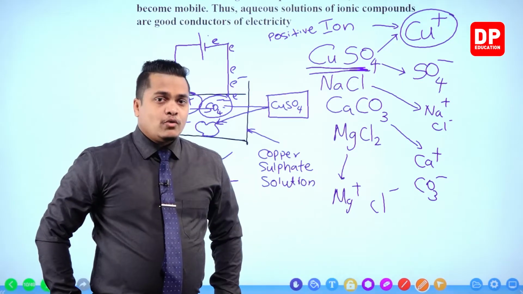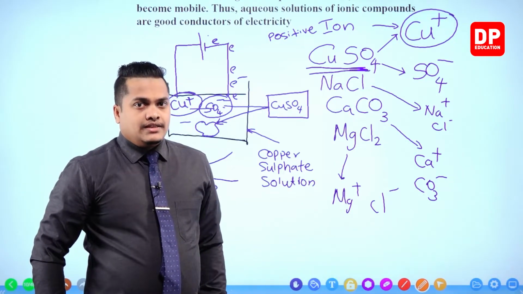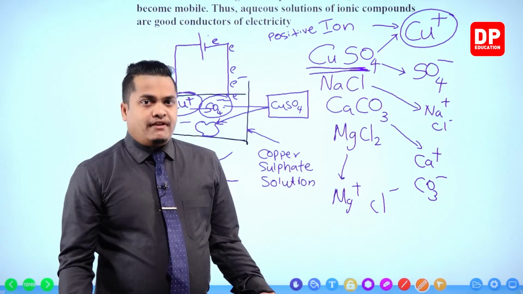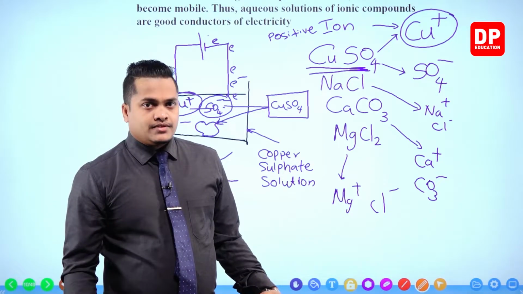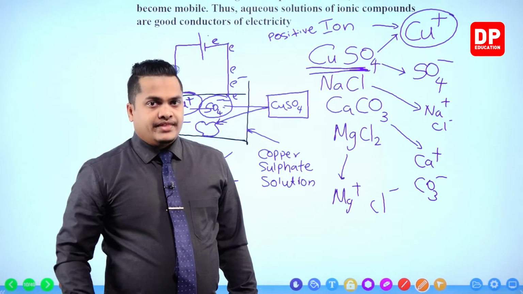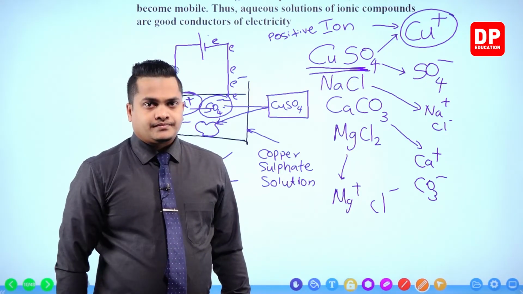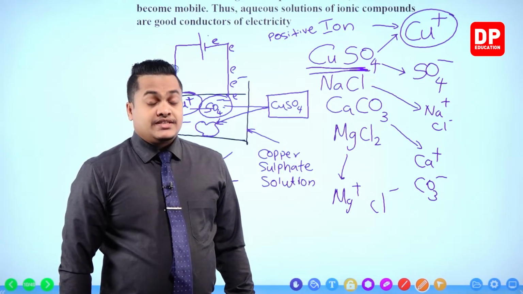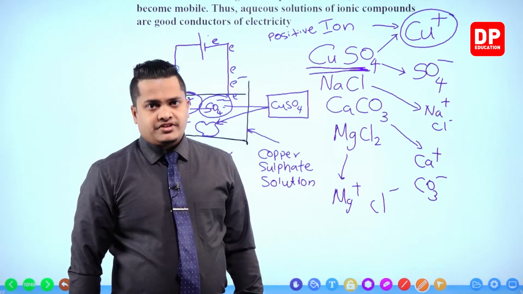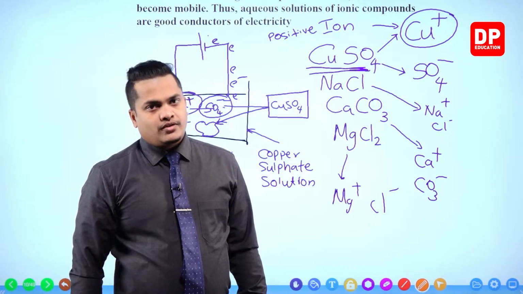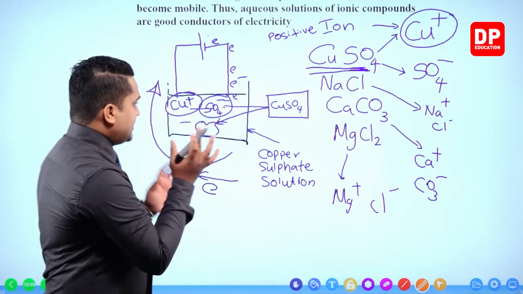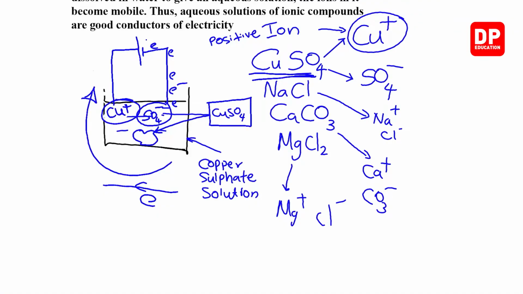These ions will be able to deflect the upcoming electrons towards the positive side, or the positive terminal. That is how the electricity is getting passed. This is the way of conducting electricity through an electrolyte, or a solution that can pass electricity. So within the solution, there should be positive ions and negative ions, my dear children.